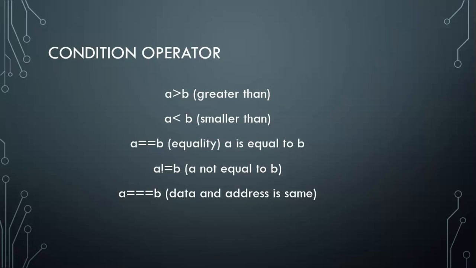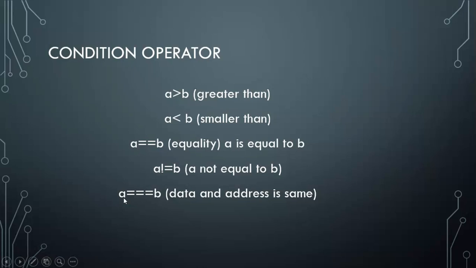In selection structure we use different type of condition operator, like a greater than b, smaller operator, a less than b, a double equal to b. This is equality operator. A not equal to b, or we use a not equal to b.